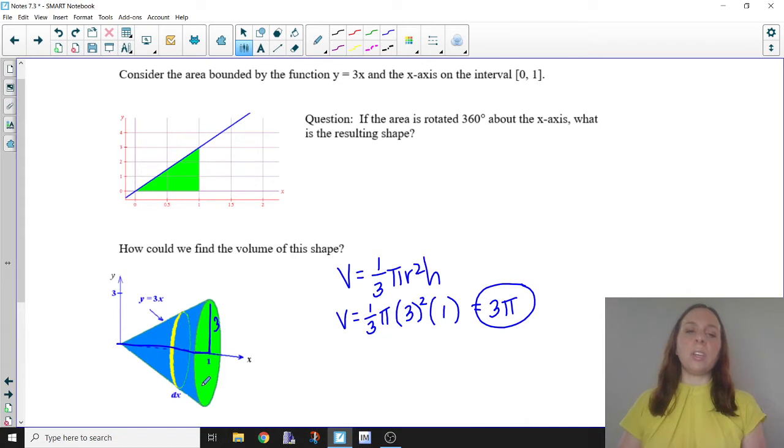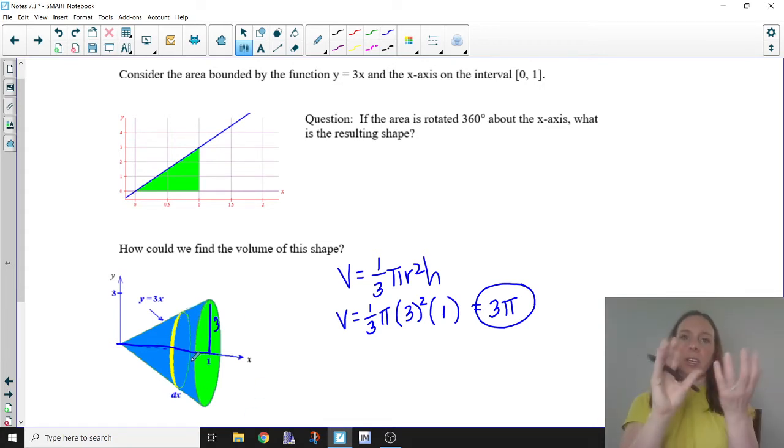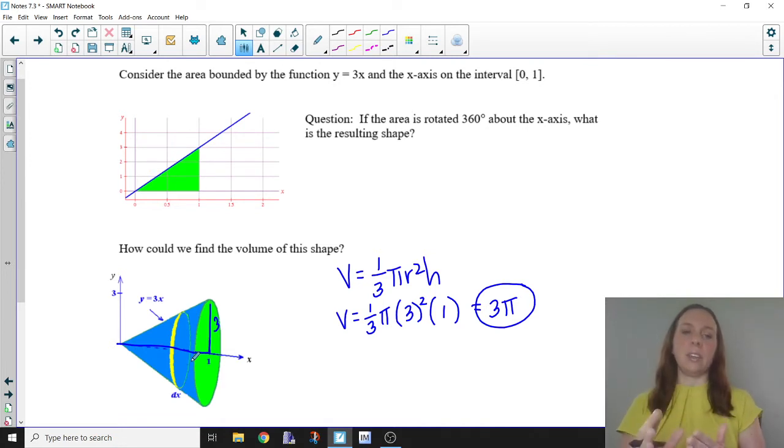Think of a cross section as slicing a really thin piece out of this solid, pulling that out and looking at what shape you get from that slicing. In this case, it would be a circular base with a tiny bit of height. So we're going to say a really short cylinder.